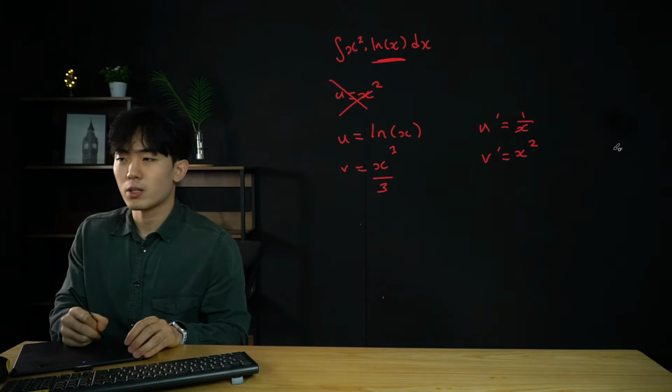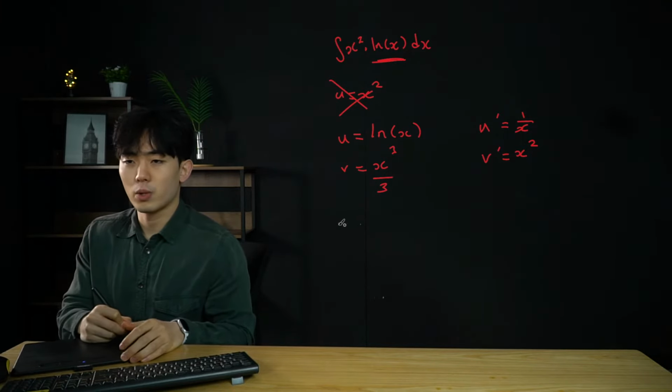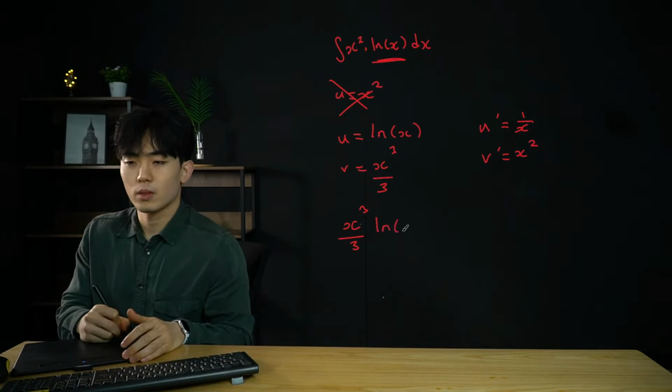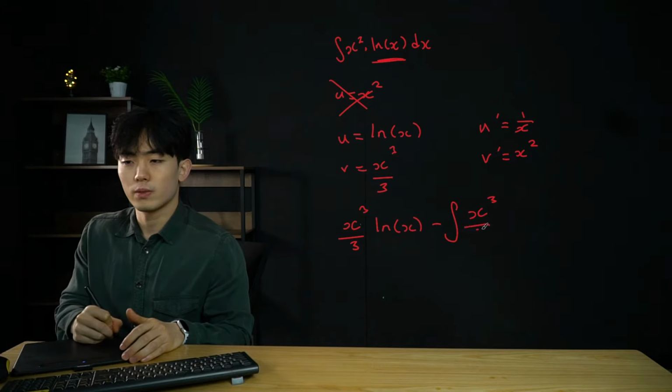Using the integration by parts formula, we end up with uv, which will be x cubed over 3 ln x, minus the integral of v u prime, so it's x cubed over 3 times 1 over x.